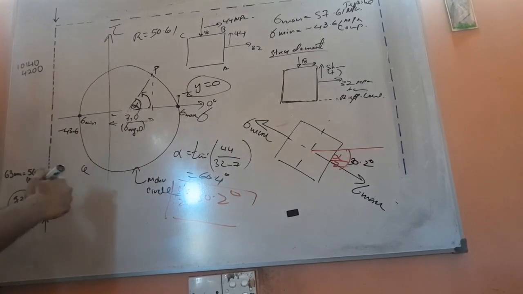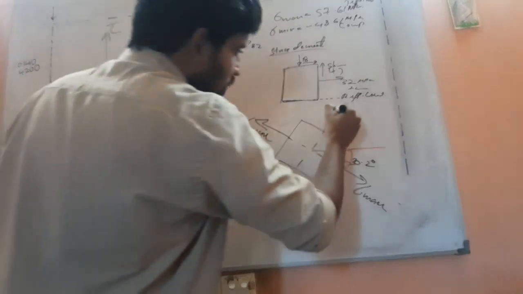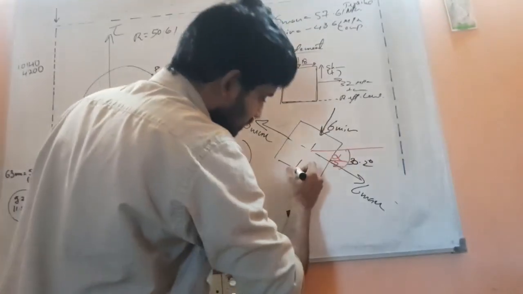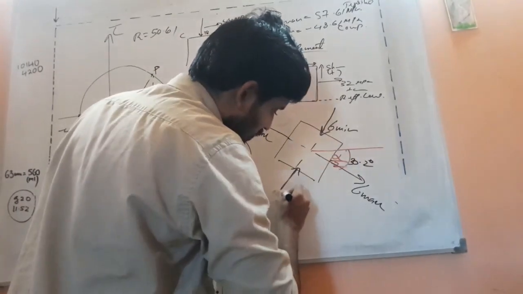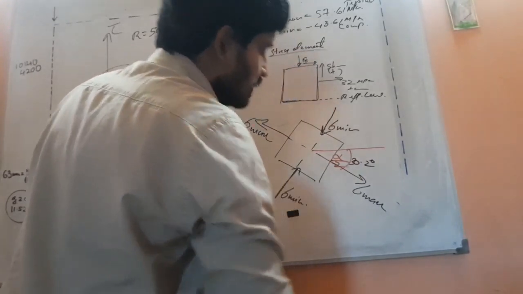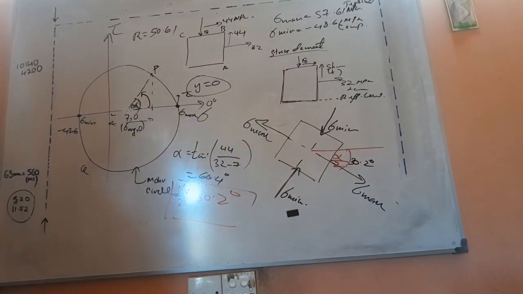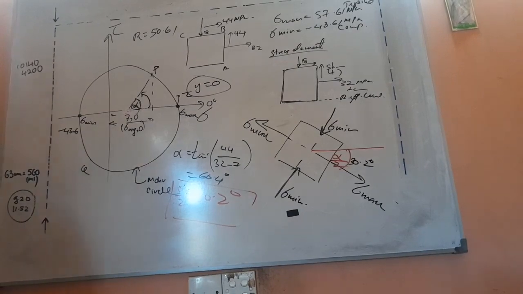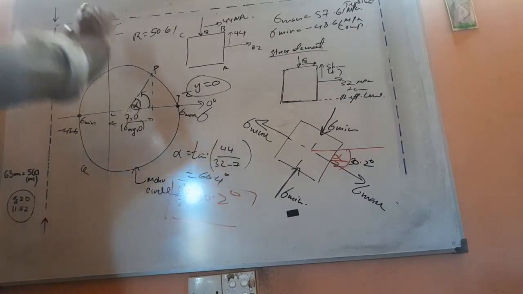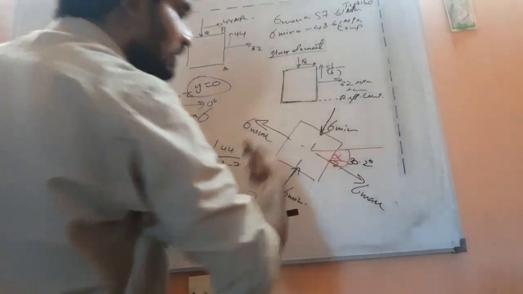Minus 43.6 means compressive. Sigma min, compressive. I hope now you got the scenario. So this is how you are going to sketch the stress element.